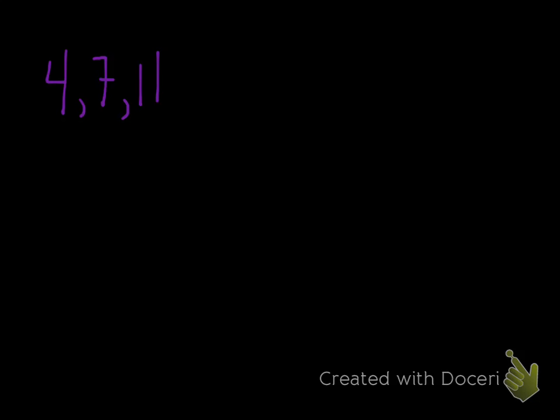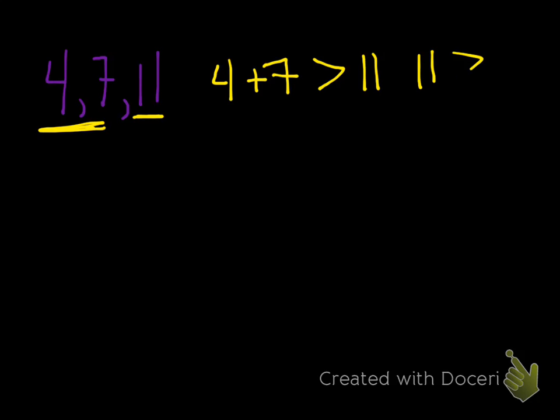Remember it says that the sum of the two smallest sides, so those are your two smallest, so 4 plus 7 has to be greater than your third side, 11. 4 plus 7 is 11, so is 11 greater than 11? No. So that means that this is not a triangle.